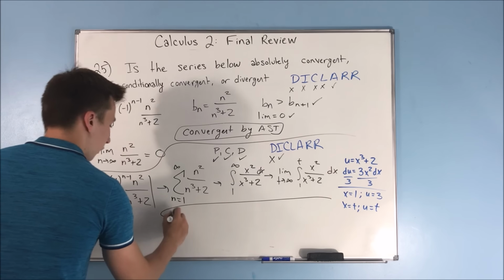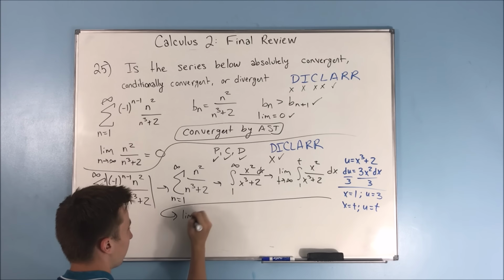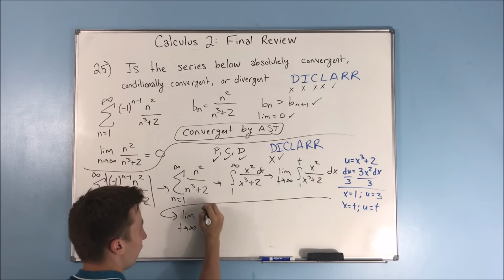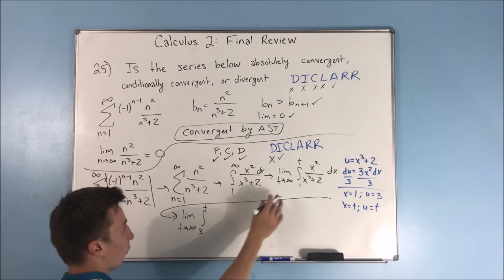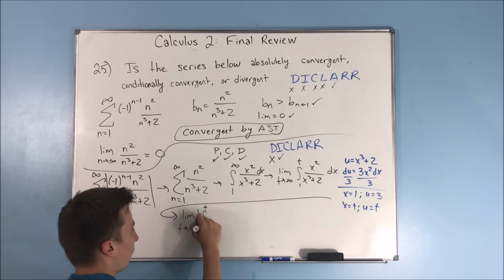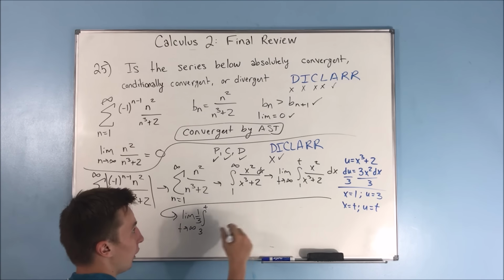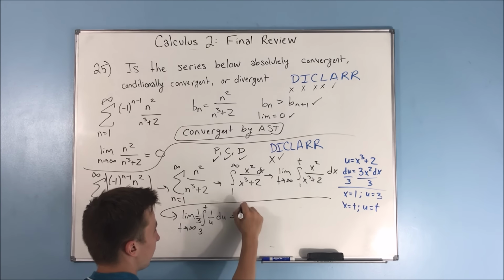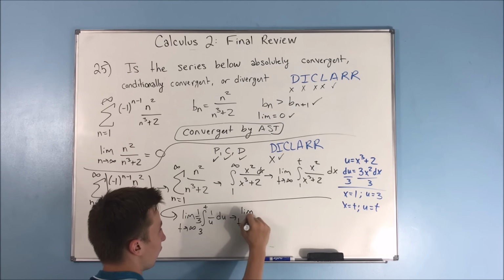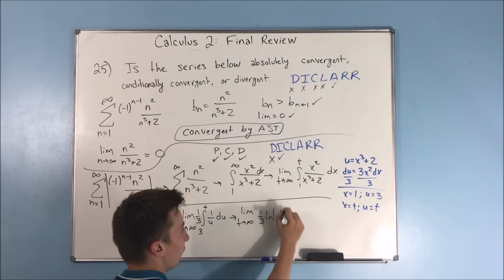So now, let's go back over here. We now have the limit as t approaches infinity of the integral from 3 to t of, this is du over 3 now, so we're going to pull out a 1/3, and we have 1 over u du, which is going to give us the limit as t approaches infinity of 1/3 natural log absolute value of u from 3 to t.